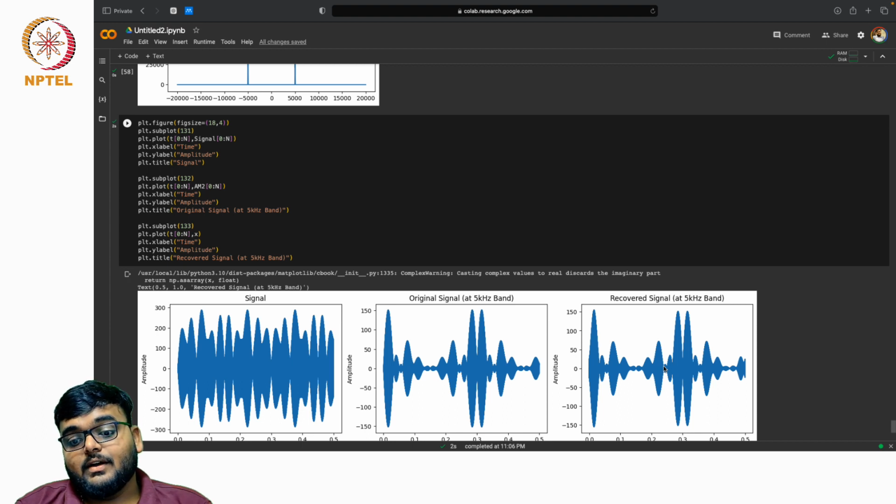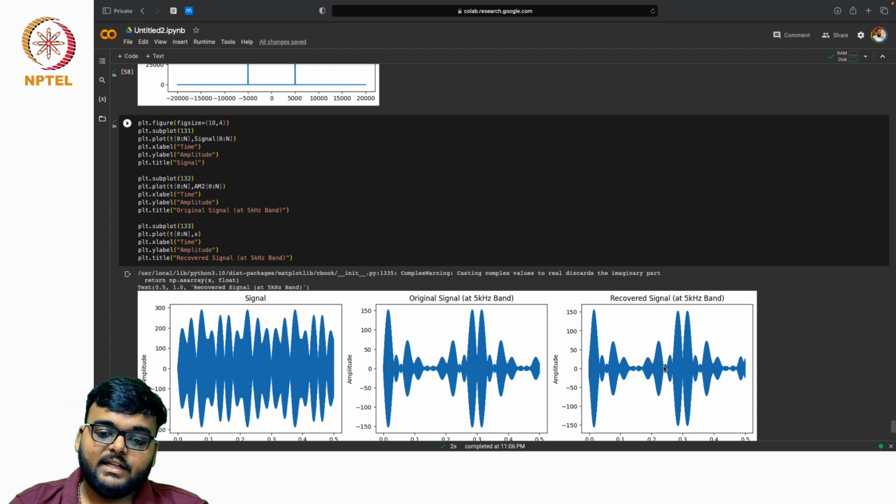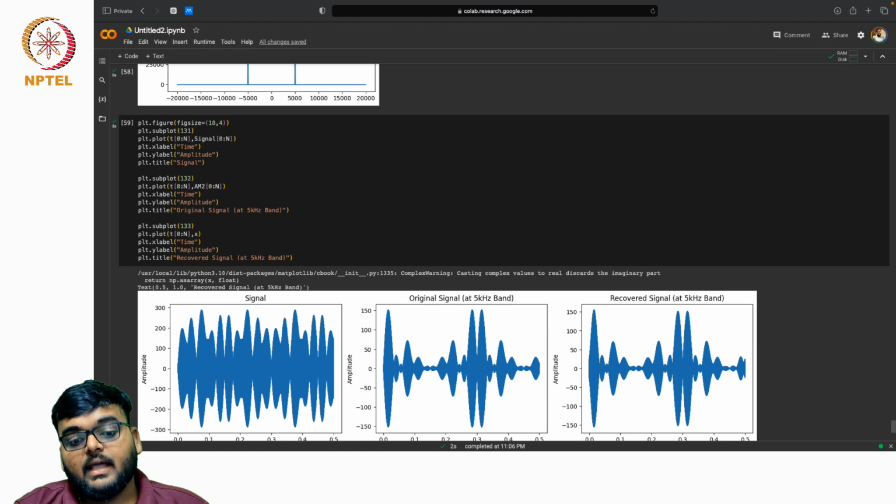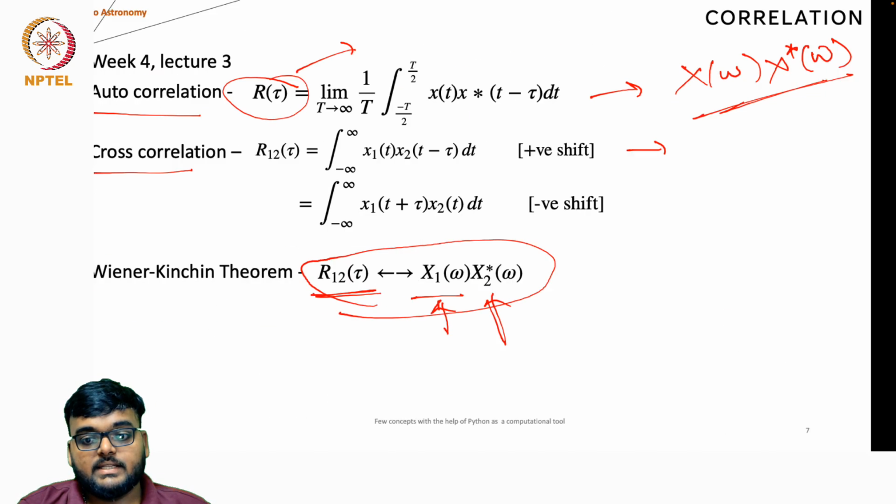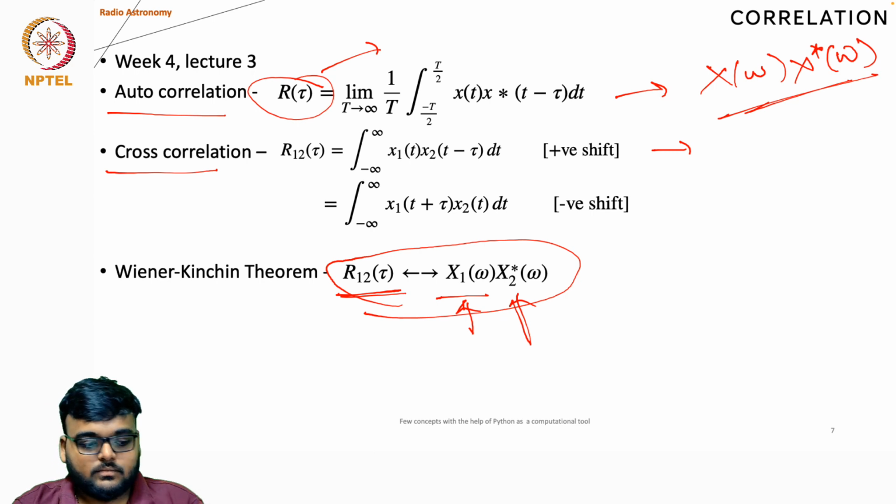Now if we know the importance of filtering and the Fourier transform, then there is something called sampling, and the loss factors related to that. Let's quickly go through what sampling is.